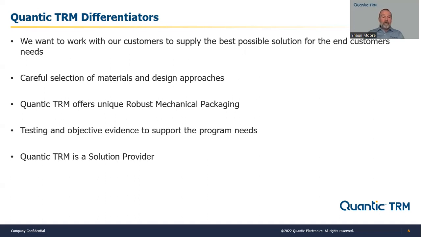And really, we just like to make sure that we are a solution provider for our customer. I think that is a big piece. We want to work with our customers and we want to solve their problems. And we want to make it as easy for them to use Quantic TRM for all the passive networks going forward.